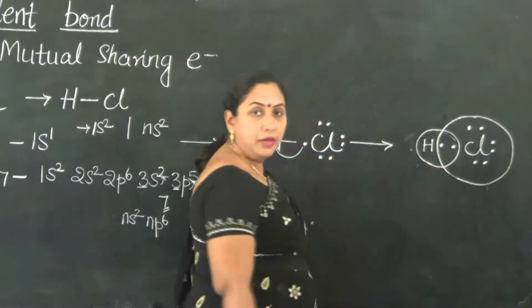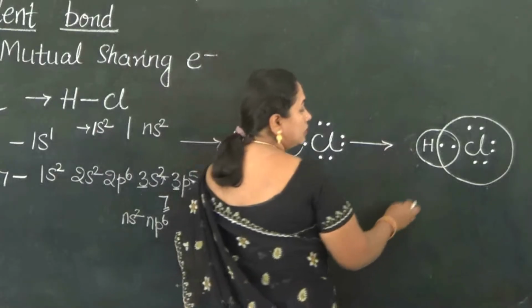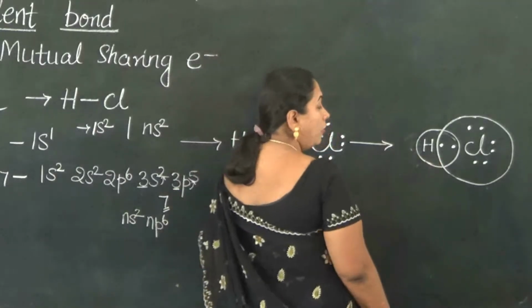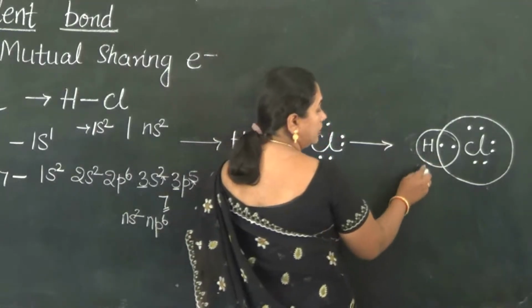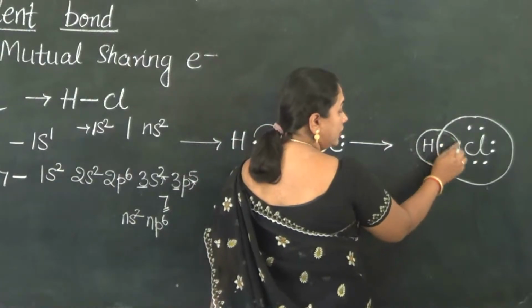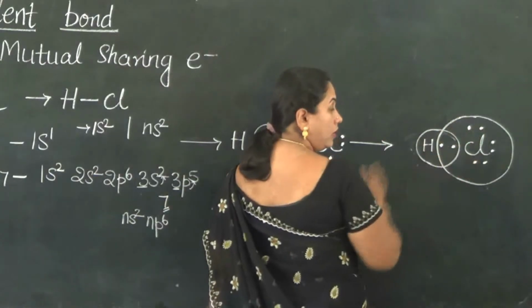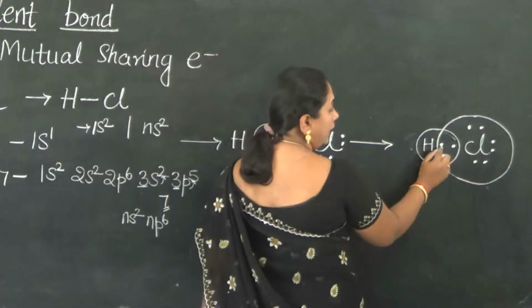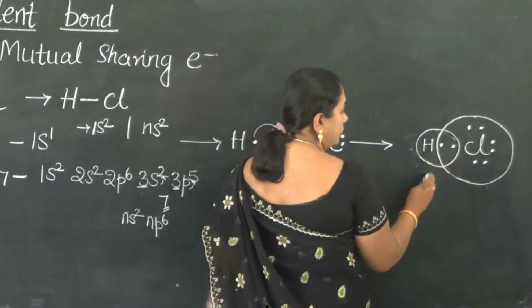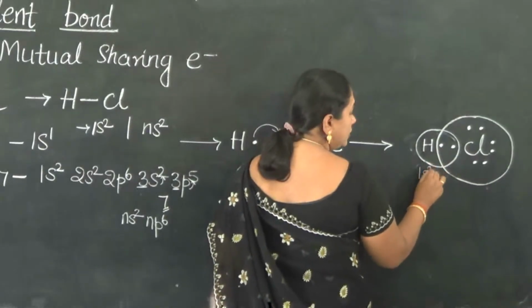Chlorine is a big atom in comparison with hydrogen. So now let us see how many electrons are there for hydrogen. All the electrons of the circle belong to this and this circle's electrons also belong to this. So how many electrons are there here? 1 and 2.